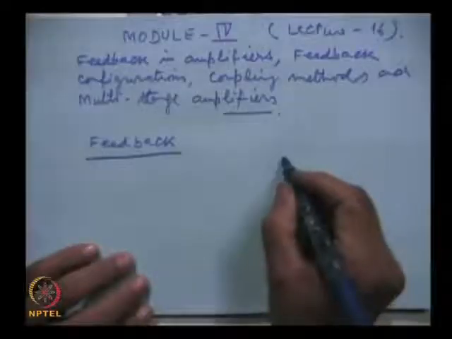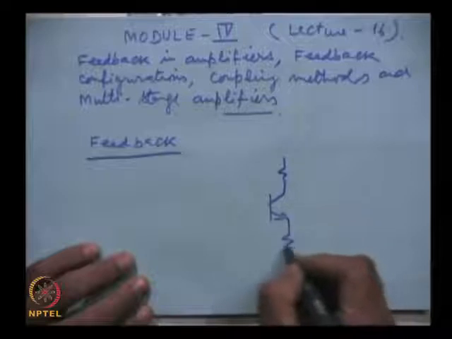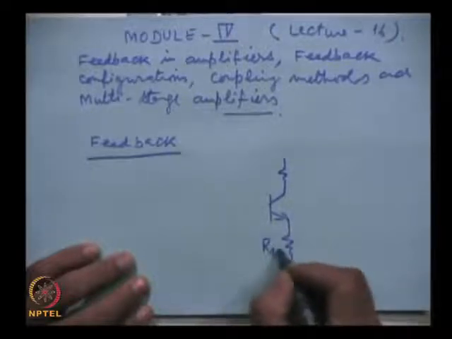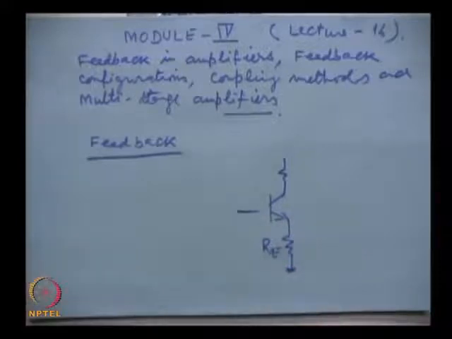Then you remember that we introduced one resistor with the emitter, RE, and we performed the analysis. Mathematically we showed that it brings stability to the circuit.